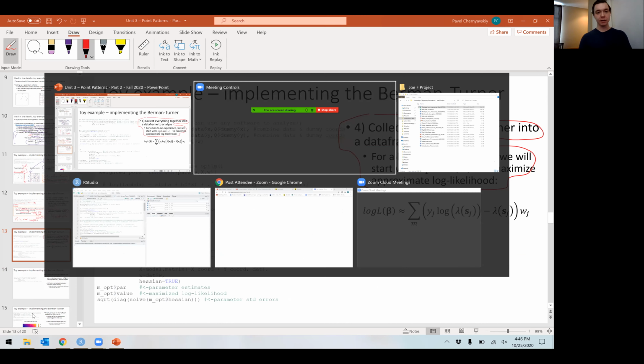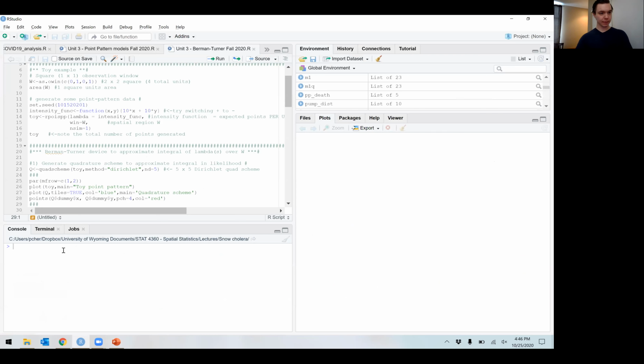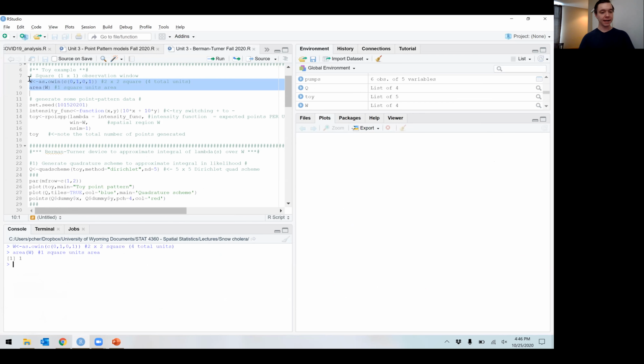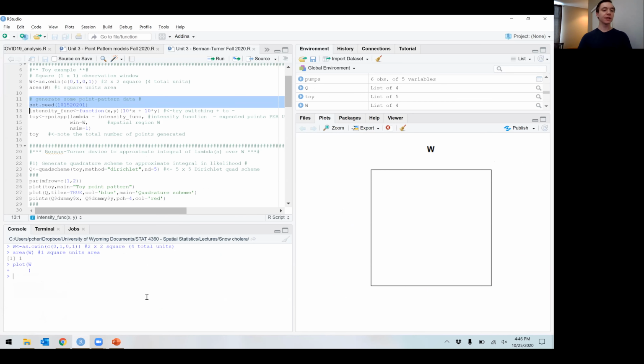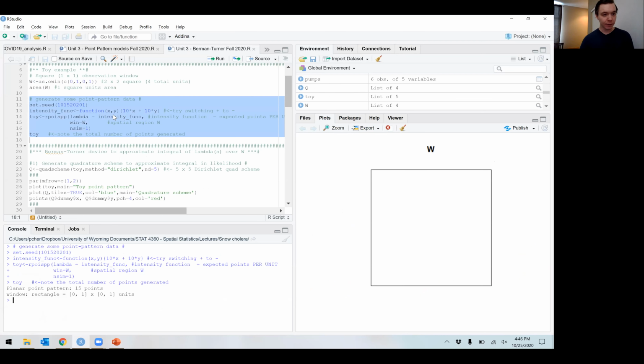So let me flip to R and run through this. Here I make my observation window. Of course, it's 1 by 1. The area is 1. This is super exciting. You have a blank square in front of you. I will generate my toy inhomogeneous pattern, where here is my intensity function.